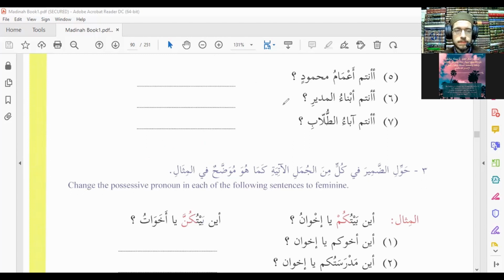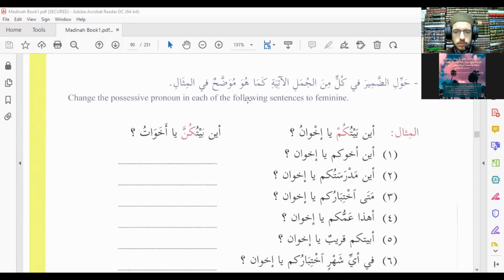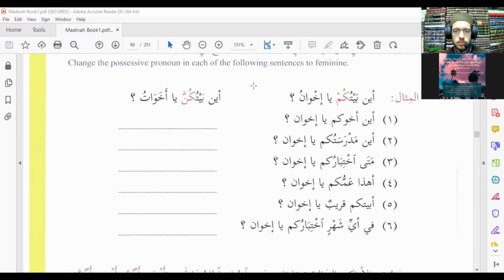Okay. So the example is أين بيتكم يا إخوان أين بيتكن يا أخوات. So basically make it feminine. Yes. Okay. أين مدرستكم يا إخوان أين مدرستكن يا أخوات. Madrasa is not a class.